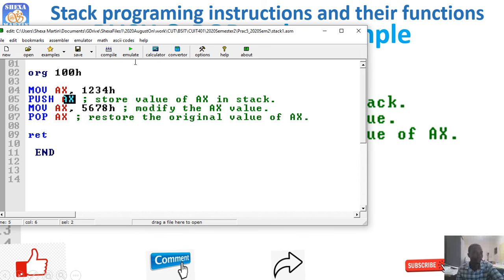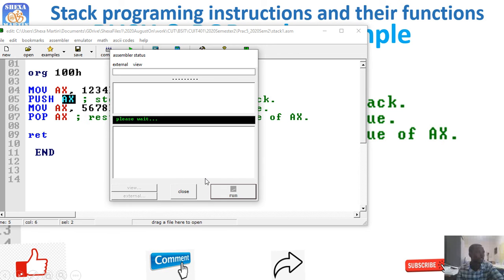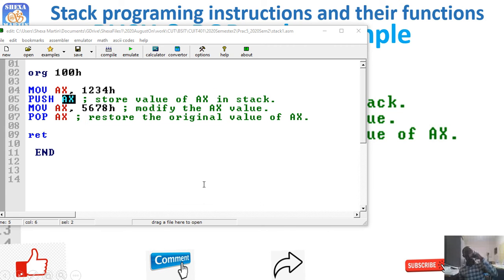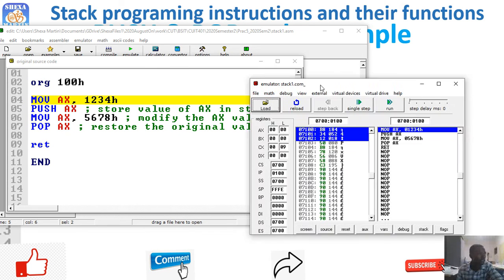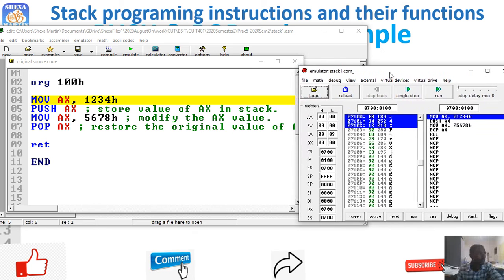Let's just see that from this program example. Right, so that's that one, and this is the other one.